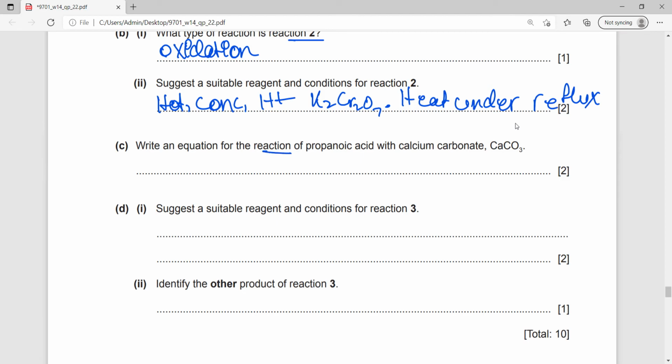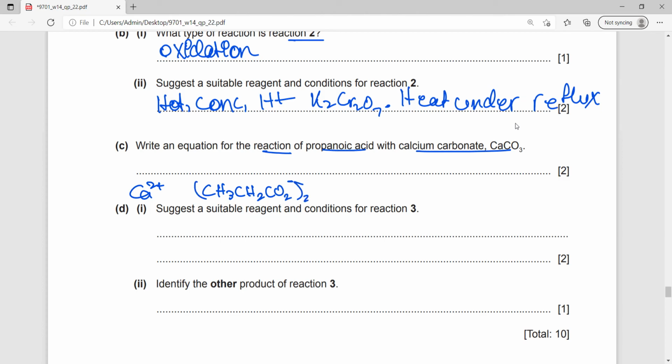Write an equation for the reaction of propanoic acid with calcium carbonate. Calcium is 2 plus, and the propanoic acid anion CH3CH2CO2 has a single negative charge, so there should be 2 of these.